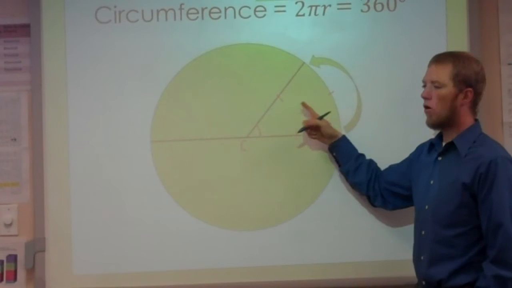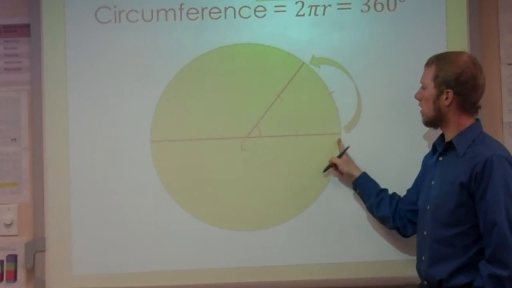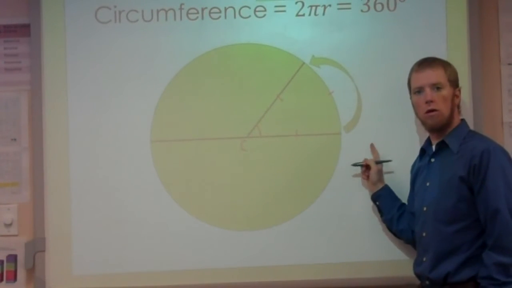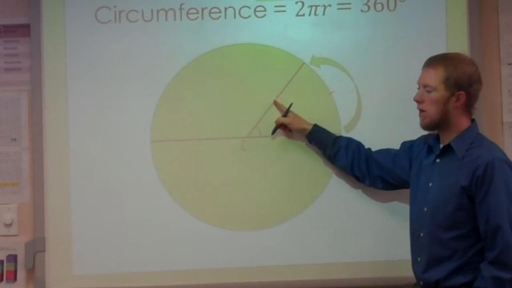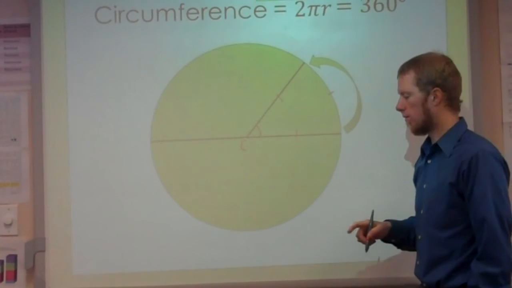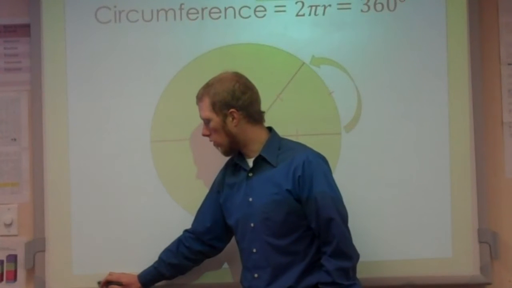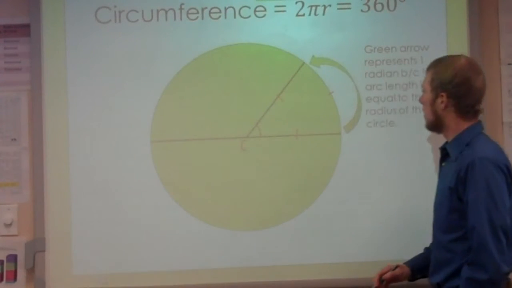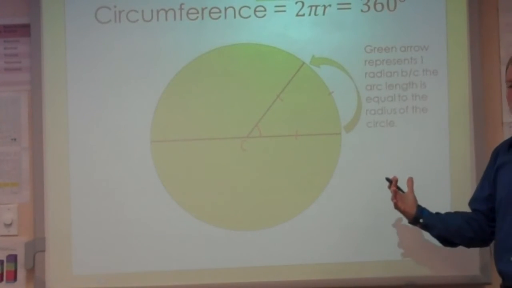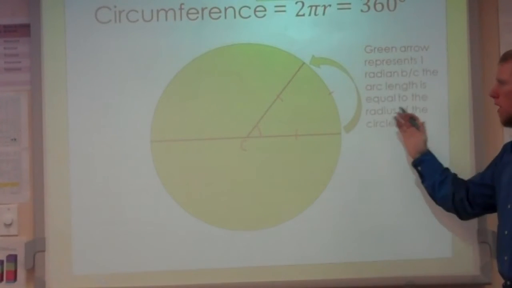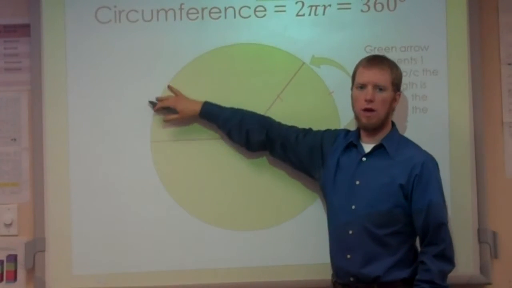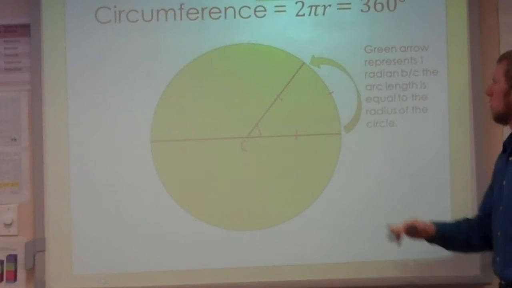So a radian is an arc length that is equal to the length of the radius. And that ratio will be true for any circle.